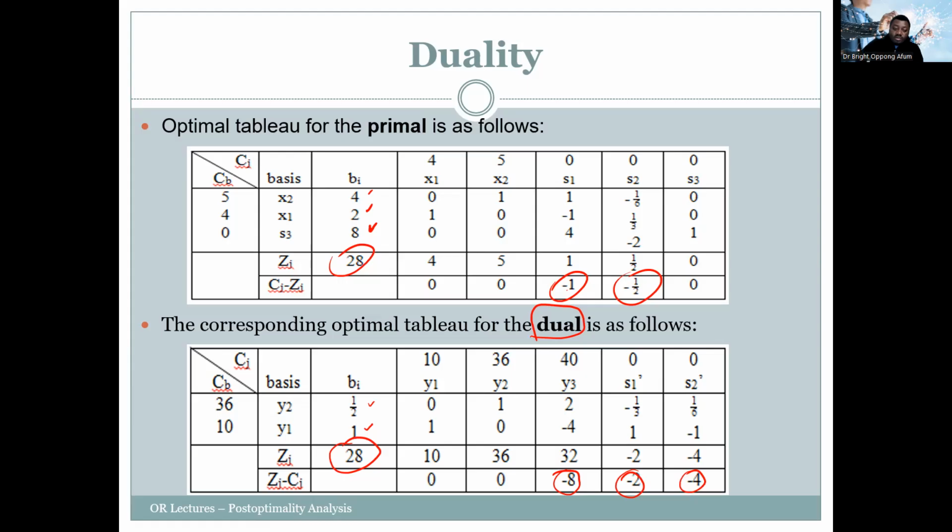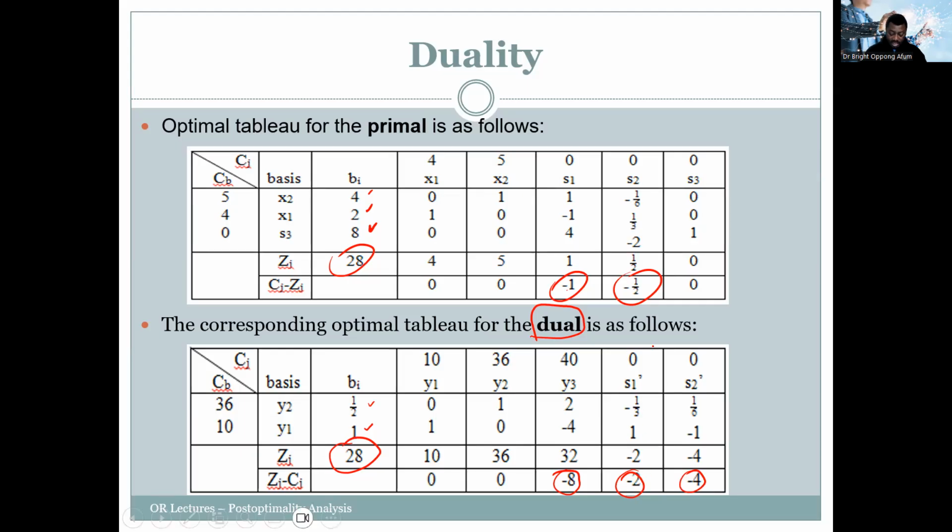So you see that from the two tableaus, the negative cj - zj under the s1 and also under the s2 of the primal correspond to the solution values of y1 and y2 of the dual, right? Again, considering the cj - zj values in the primal solution, right?